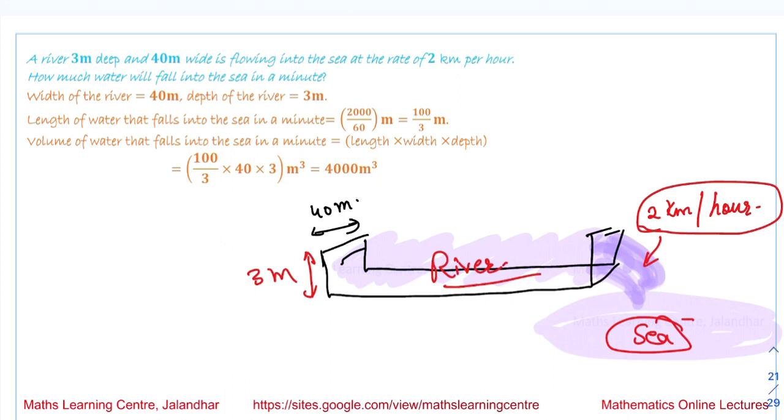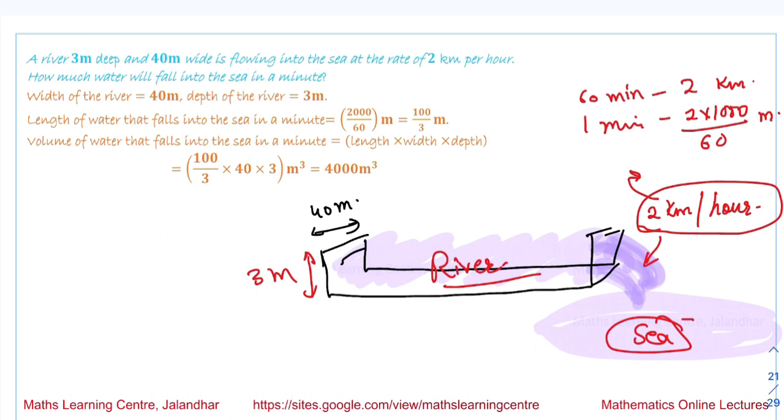In 60 minutes, 2 kilometer distance the water is moving. So in 1 minute it is 2 into 1000, we have converted into meter, over 60 meter distance that the water will travel.